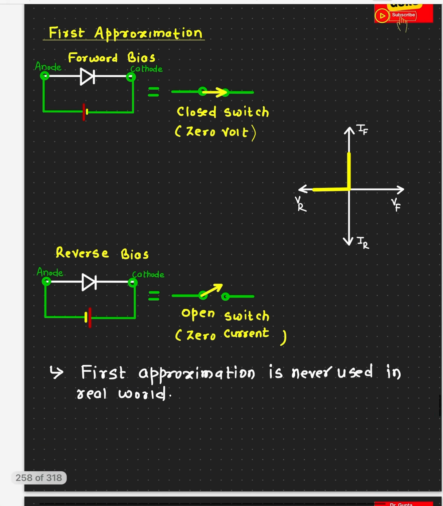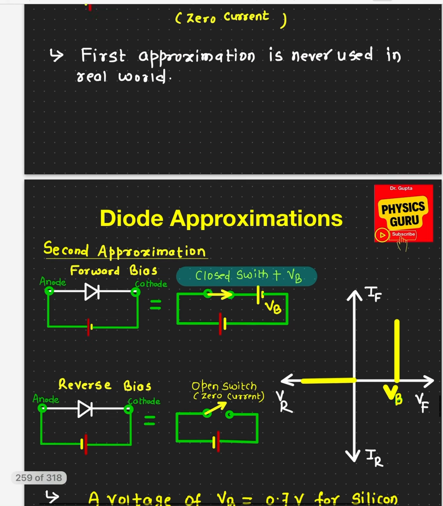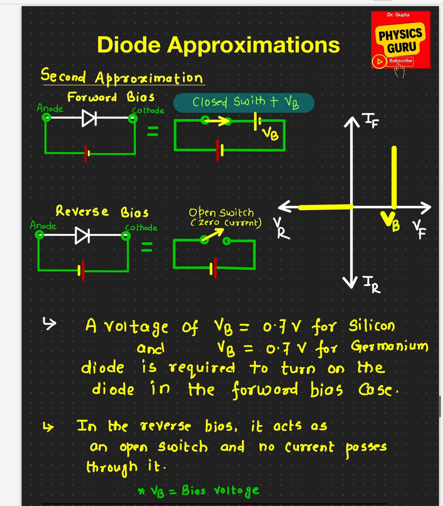Remember, in the first approximation, even without any voltage, or let's say a very, very tiny voltage, the current was very, very high. But in the second approximation, what does it tell you? You need a certain amount of voltage that we call VB. This VB, which we call the bias voltage, depends upon what kind of diode you have.